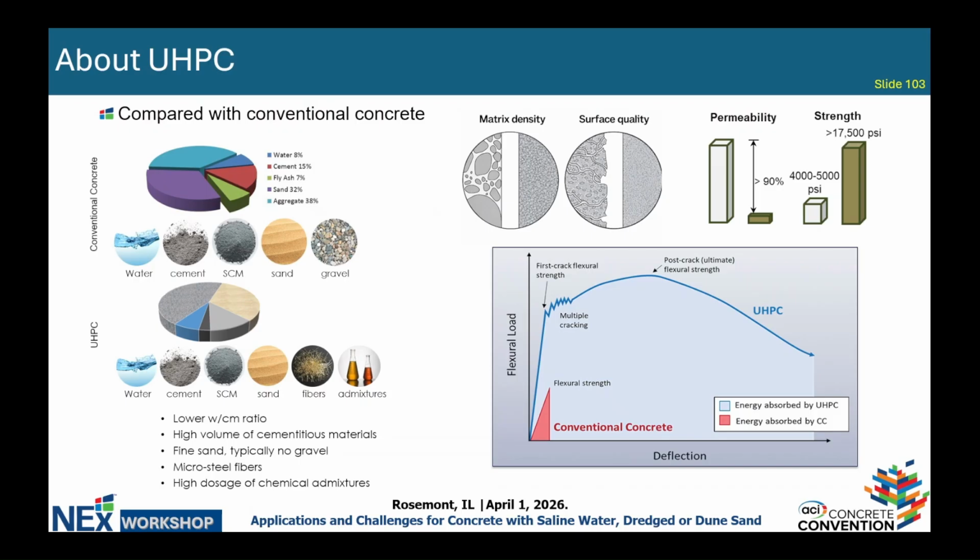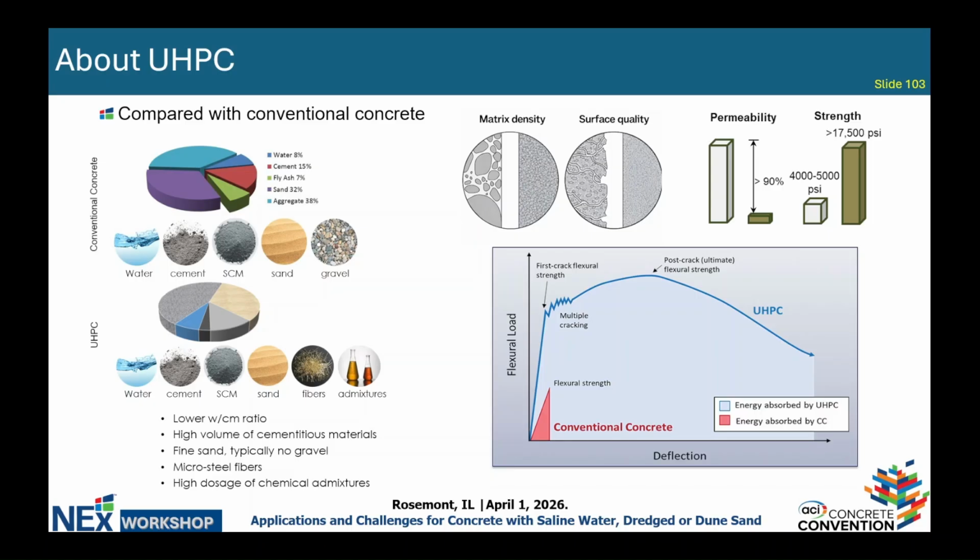I think UHPC is not a new concept to most of the people in this room. It has very exceptional properties, but on the material level, the main difference between UHPC and conventional concrete lies in a few items. For example, it uses a lower water to cementitious material ratio. It has a high volume of cementitious material, using fine sand, typically no gravel, but some studies use gravels as well.